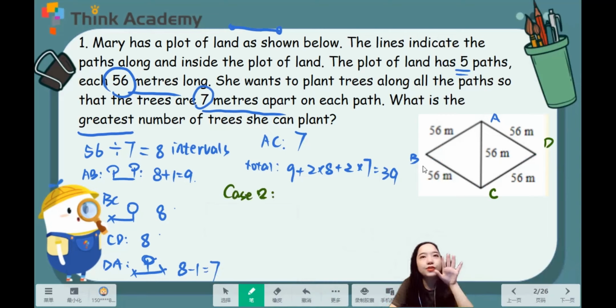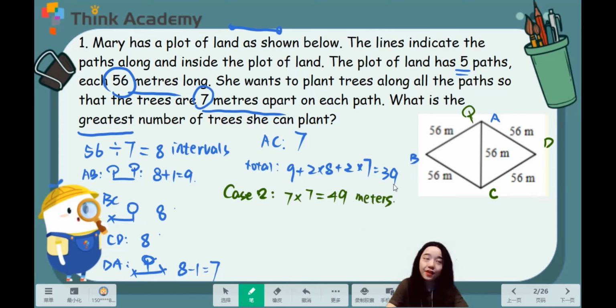So let's see the second case. If we don't plant trees on the intersection of 2 paths, what will happen? When we plant trees on the road AB, if there are only 7 intervals, we need 49 meters.